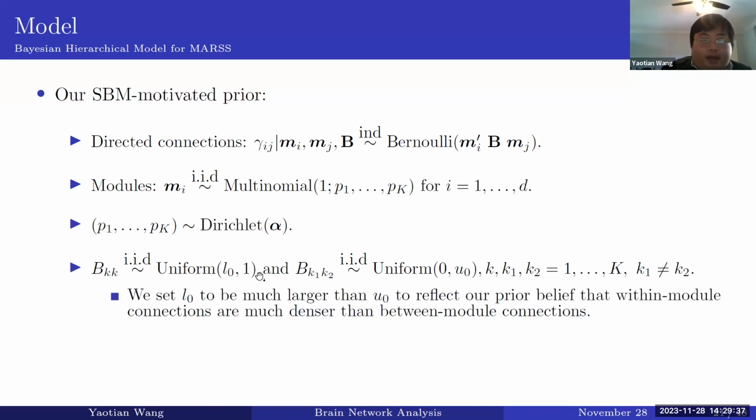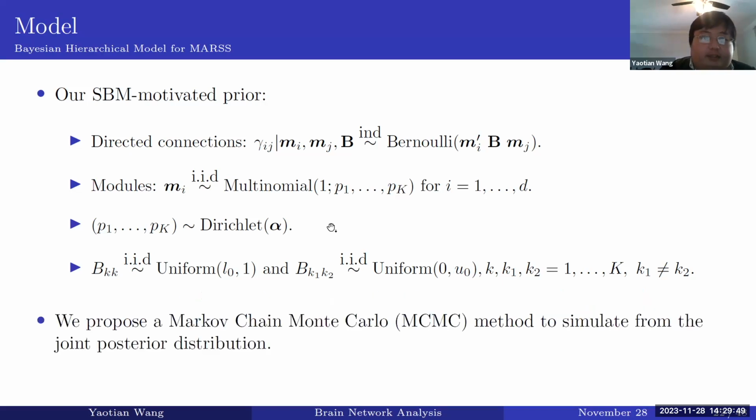We let L0 be much larger than U0 to reflect our prior belief that within-module connections are much denser than between-module connections. And we propose a Markov chain Monte Carlo method to simulate from the joint posterior distribution. So far, I introduced my model.